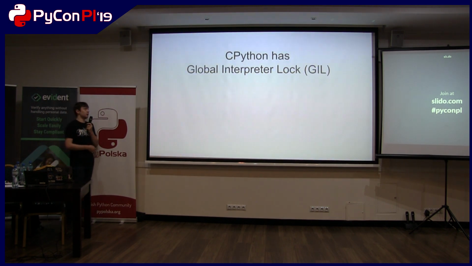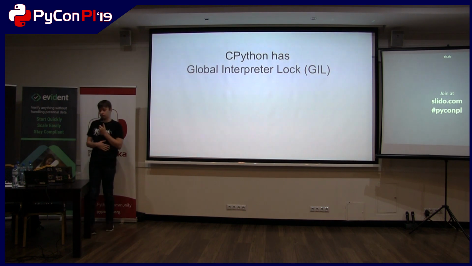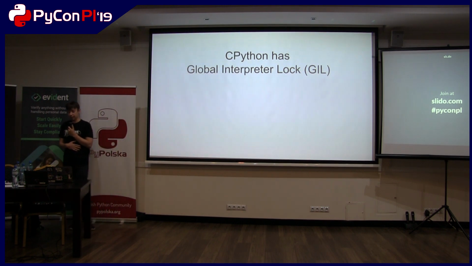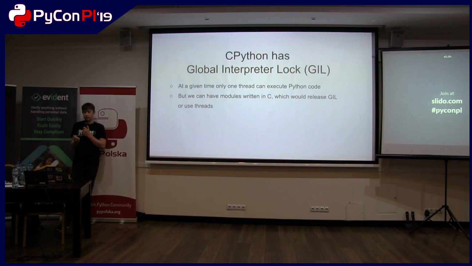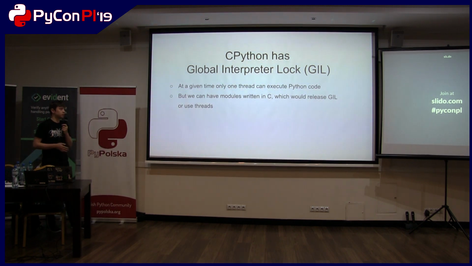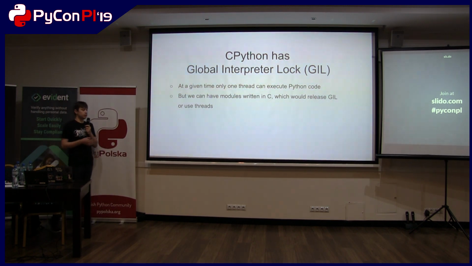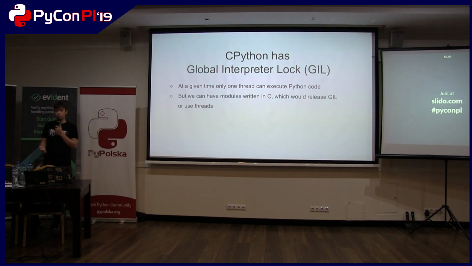And another thing with CPython is that it has the global interpreter lock. This talk is not about the GIL, but it's there. What the GIL actually means is that at any given time of executing Python code, only one thread can execute Python code. That's not 100% true, because the GIL is sometimes released, for example, when some C operations are done or when I/O is done.